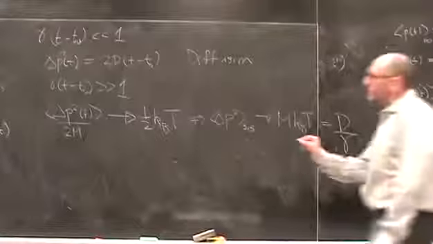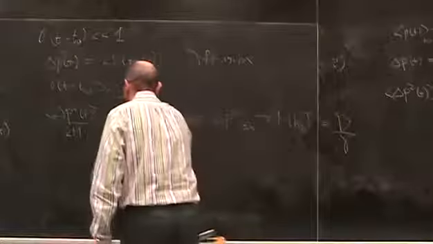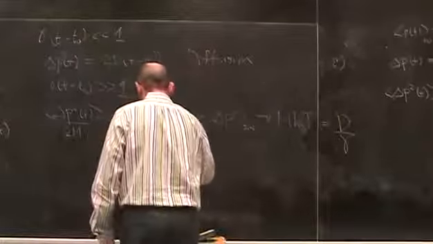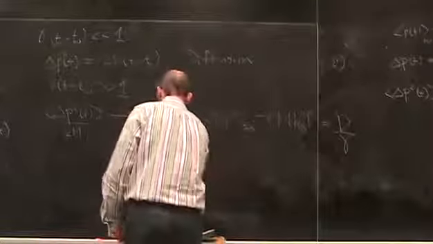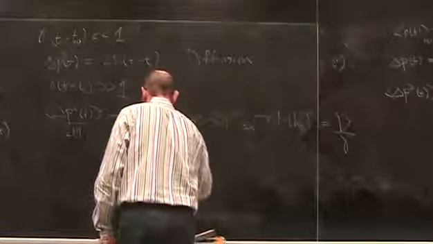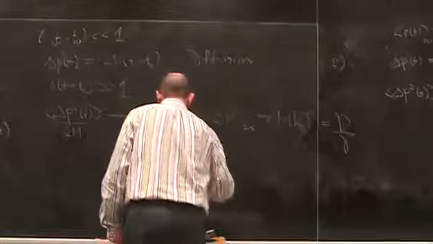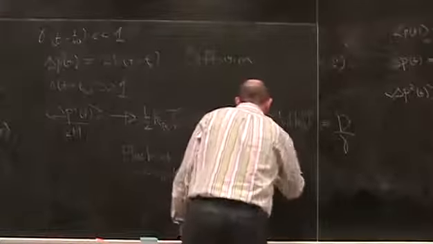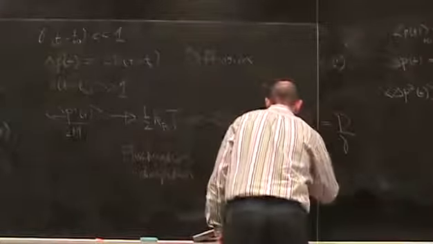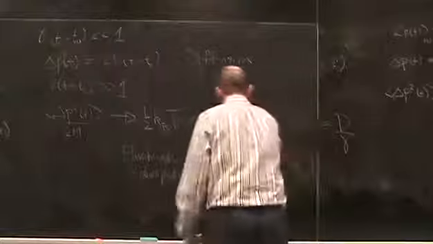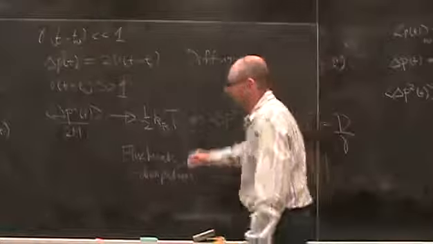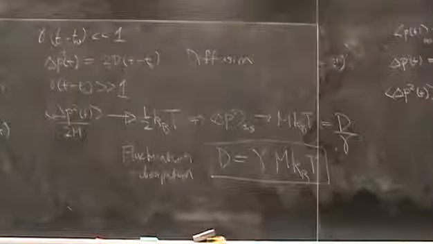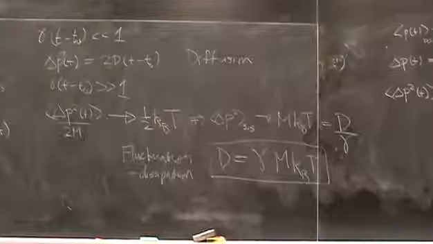And so from this, we derive the fundamental fluctuation dissipation theorem, which says that there is an intimate relationship between damping and diffusion. The diffusion coefficient and the damping coefficient are related to one another, and in the simple model, that's their relationship.